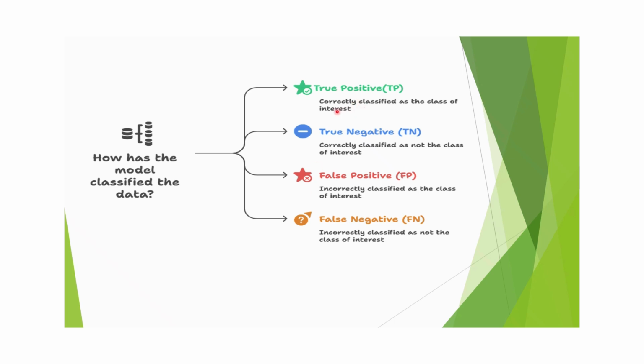The model may classify the data correctly as the class of interest, or correctly as not the class of interest, or incorrectly as the class of interest, or incorrectly as not the class of interest. So in short, we can take it as TP, TN, FP and FN.